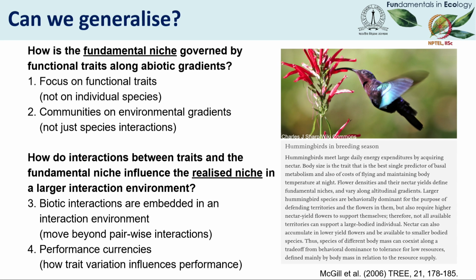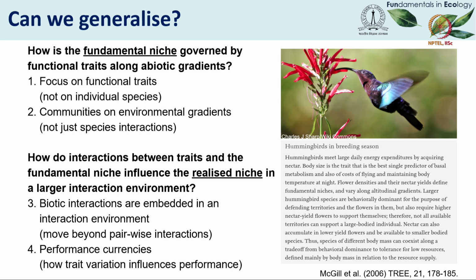But it's only found from 500 meters to 1000 meters above sea level. So the fundamental niche of the species is 500 to 1500 meters above sea level. But the realized niche, where it is actually found, is 500 to 1000 meters above sea level.